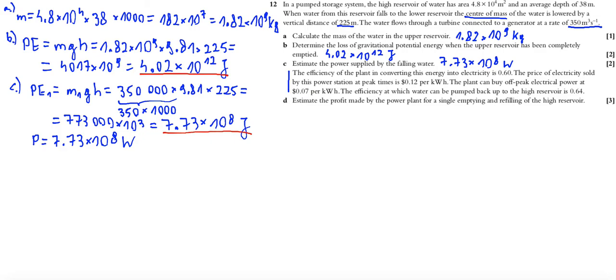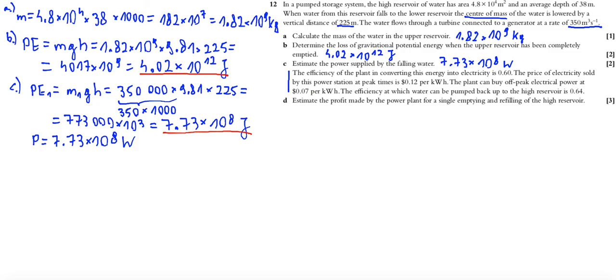The efficiency at which water can be pumped back up to the high reservoir is 0.64. Estimate the profit made by the power plant for a single emptying and refilling of the high reservoir. Okay, so let's look. The plant can buy off peak electrical power at 0.07 per kilowatt hour, and the efficiency at which the water can be pumped back to the high reservoir is 0.64.